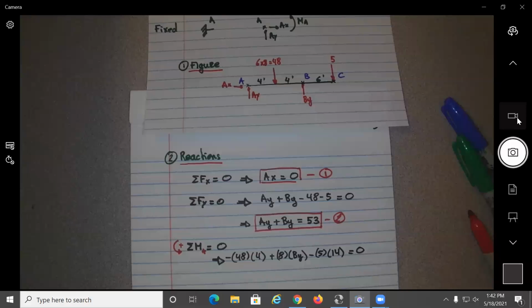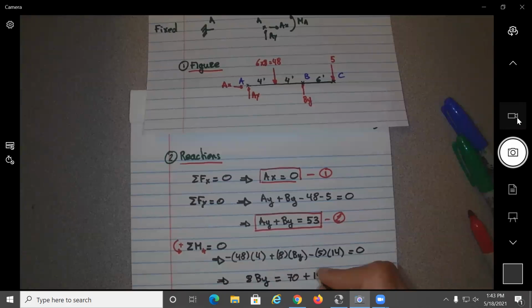So this will give you that 8 B_y is equal to what? So let's see, 5 times 14, that will be 70, plus 48 times 4, so that's 160 plus 32, 192.